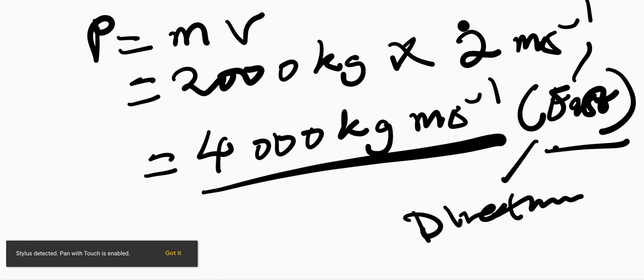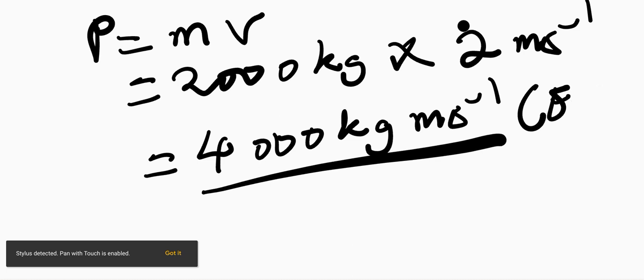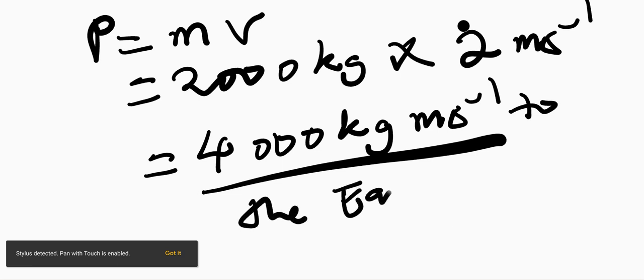So you can write to the east, or just write east, specifying the direction, because it is a vector.